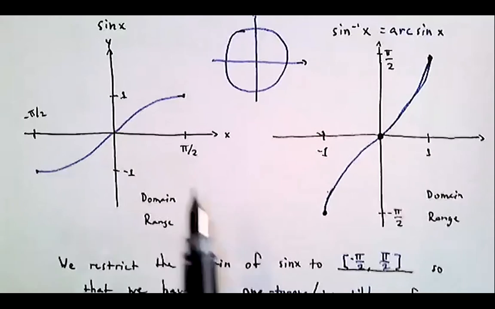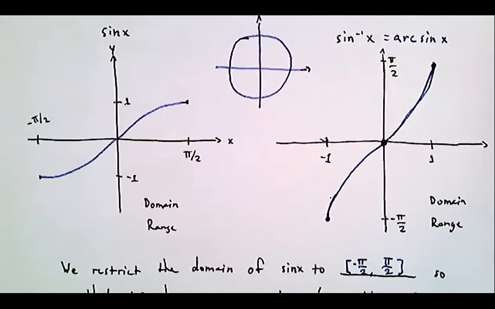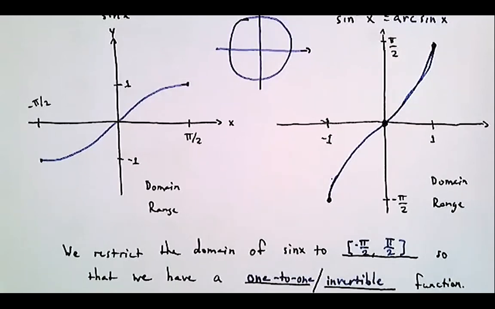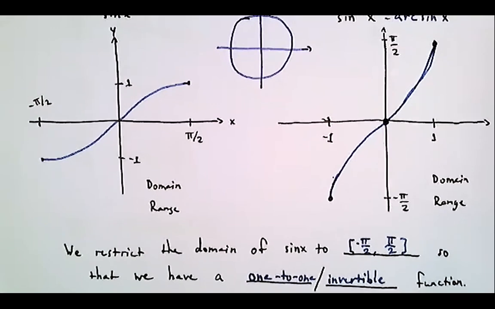So these are the graphs for sine and arc sine. Are there any questions so far about what we're doing? Thinking about the inverse functions?